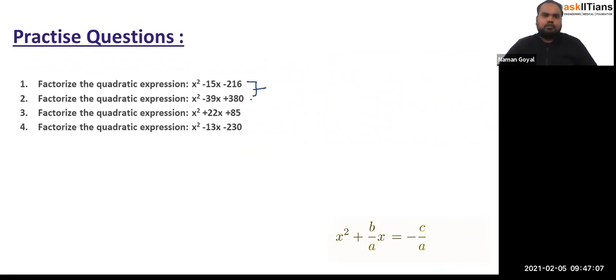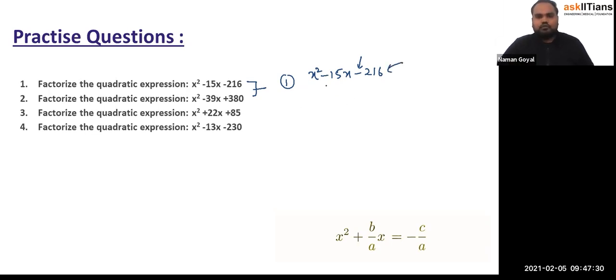Now for the first question, it is x square minus 15x minus 216. Now see, there is a negative sign. If there is a negative sign, then we have to find two numbers whose product is 216 and whose difference is 15.